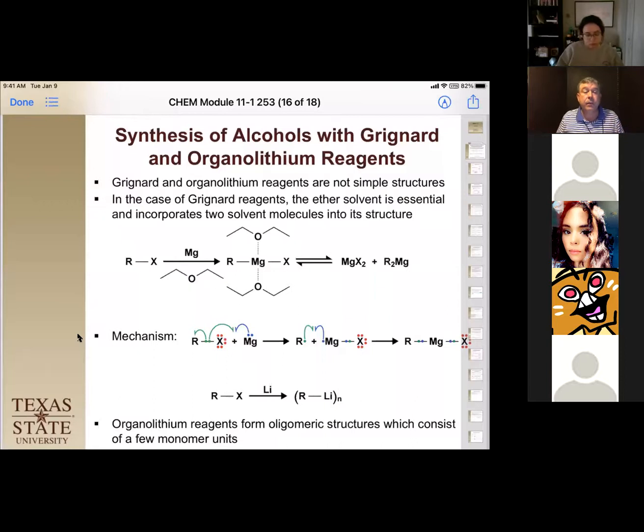So the first thing we're going to do is transfer one electron from the magnesium to the halogen, creating a carbon radical and a magnesium radical. Because they're really close together, they're going to form a new sigma bond. So technically, magnesium has just given up 2 of its electrons to make 2 sigma bonds. Both of those bonds are polar covalent bonds.